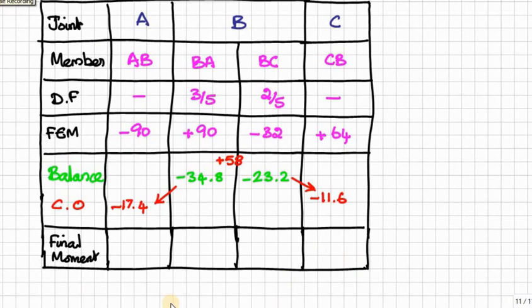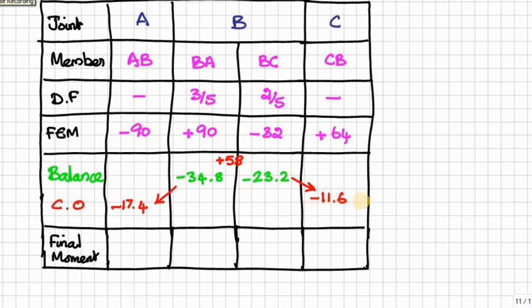So for the final moment, we have to add all the moments in the vertical column. For example, say for AB member, we have to add minus 90 plus minus 17.4. Similarly for BA, plus 90 minus 34.8. For BC, minus 32 plus minus 23.2. For CB, plus 64 plus minus 11.6.